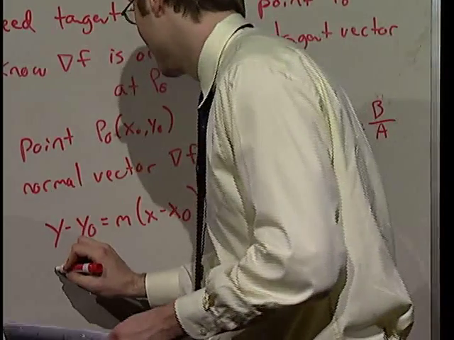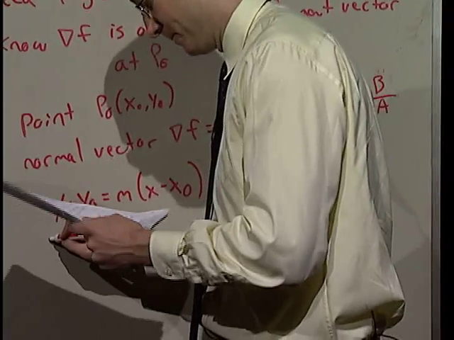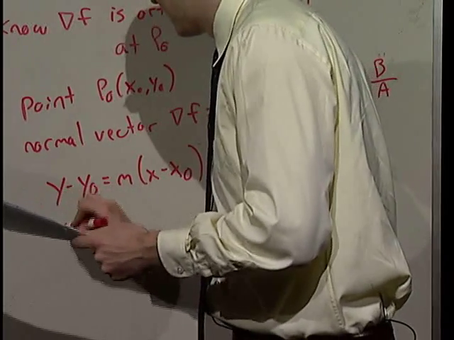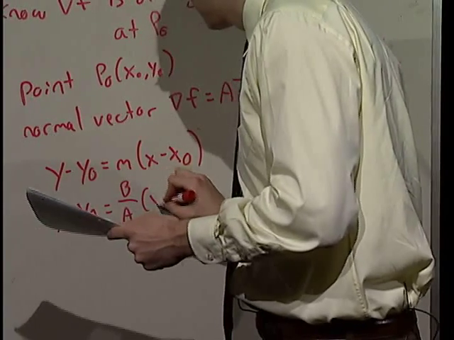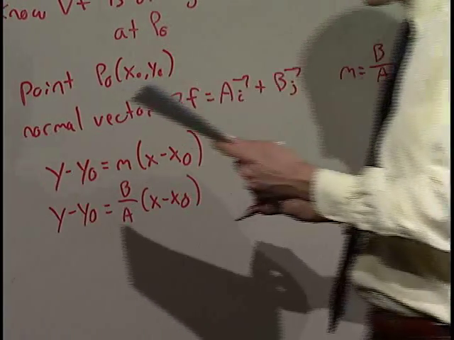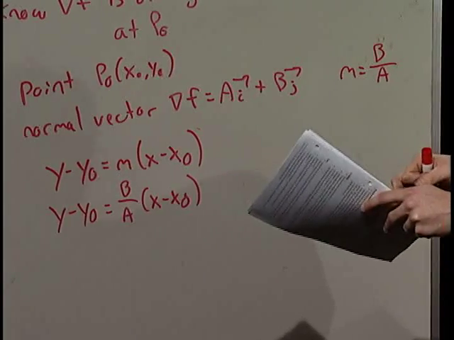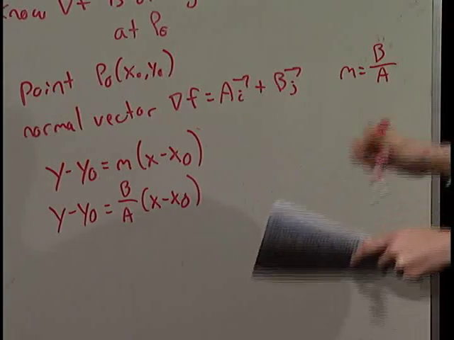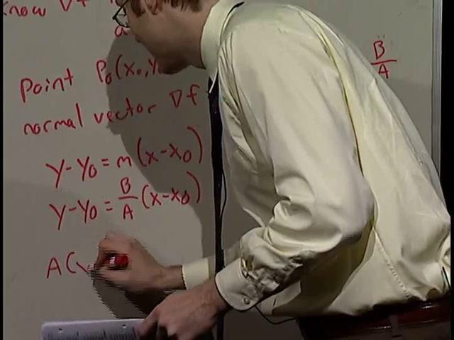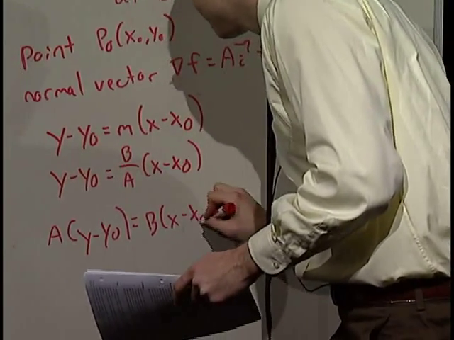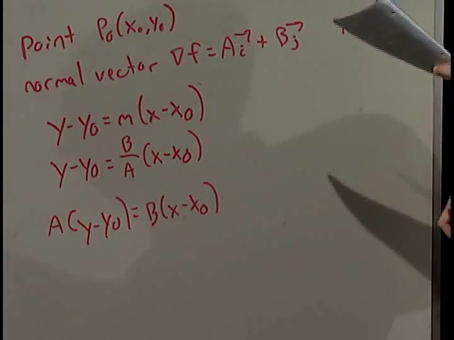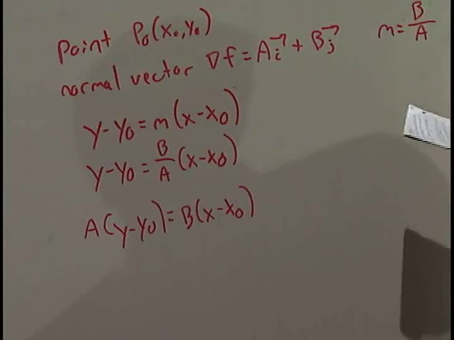So let's try plugging this in here. So what do we get? y minus y naught equals b over a, x minus x naught. What do I want to come out with here at the end? So we can multiply both sides by a, and that's a decent equation. Let's see here.